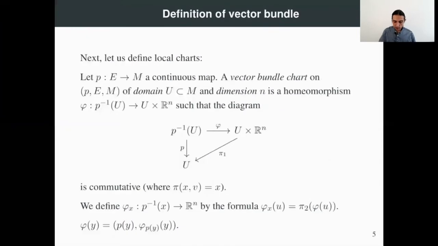And indeed, what happens is that the image of a point y here in p^{-1}(U) is going to be as follows. The first coordinate is given by the commutativity of the diagram, okay? Because the first coordinate has to be just p(y). And the second component actually is given by this function phi. It's going to be phi_{p(y)} applied to y. Okay, so we have this formula for phi.